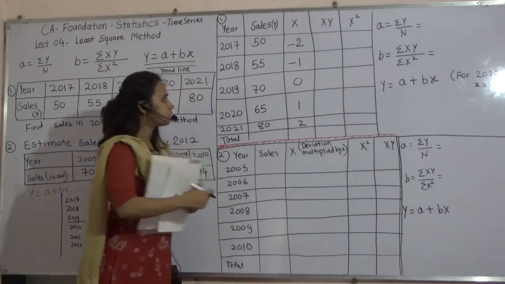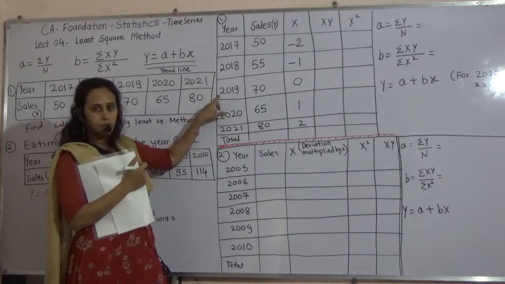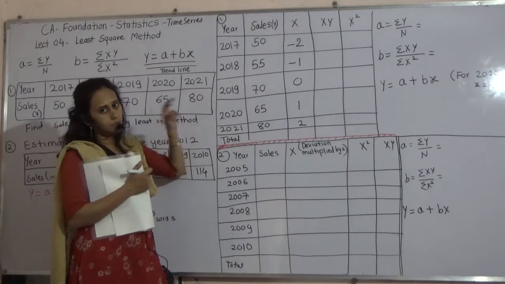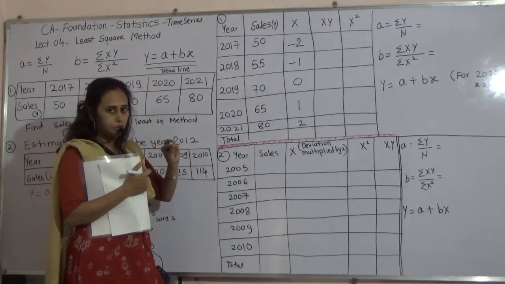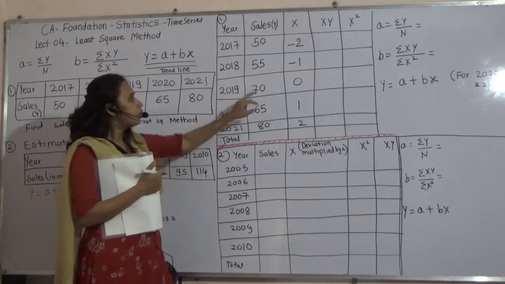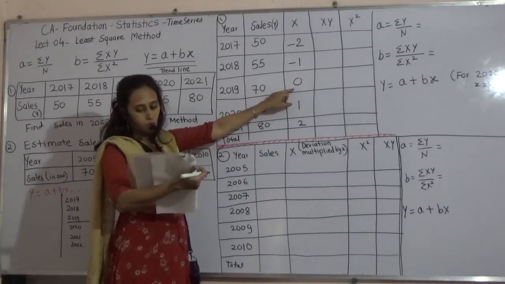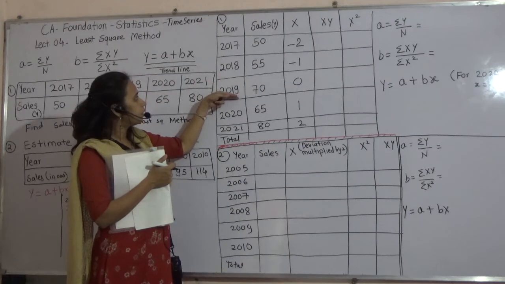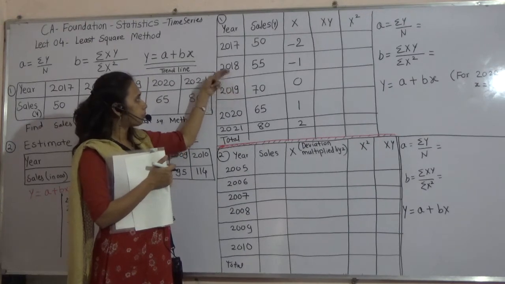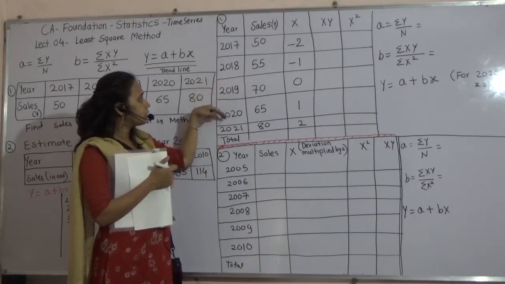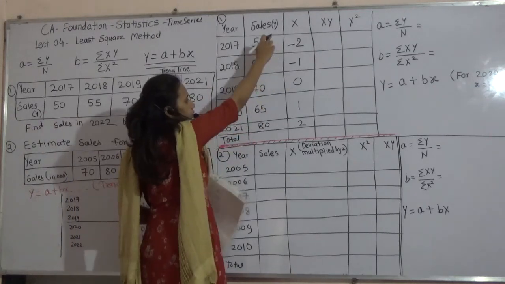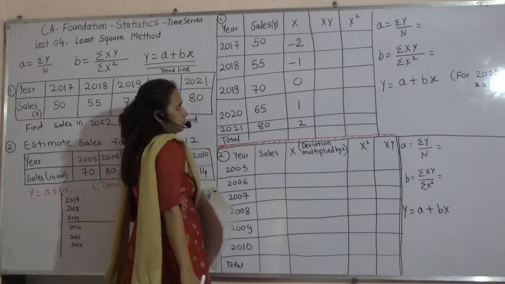Have you understood what I have done for the middle year? If it is 3 years, 5 years or 7 years, there is always a middle year because it is an odd figure. Put simply 0 over there, and compare the previous and next years by subtraction. Here it will go minus, here it will go plus.